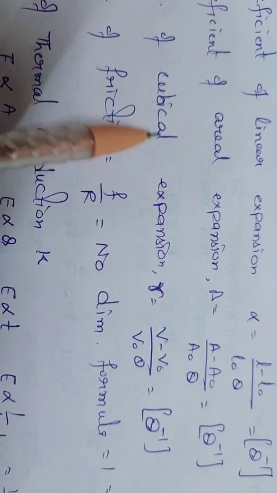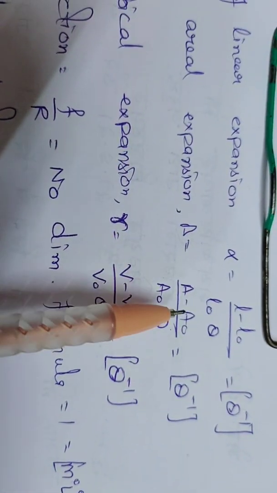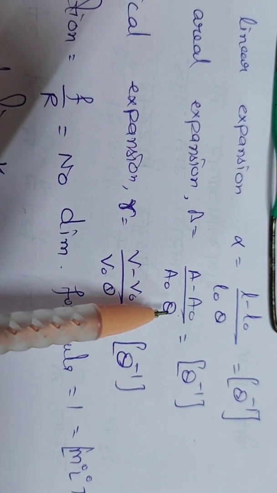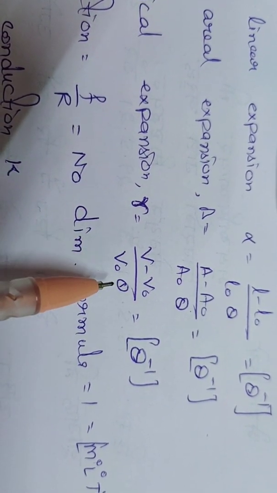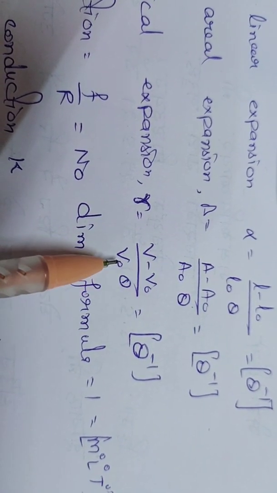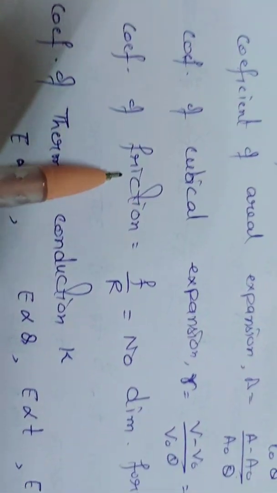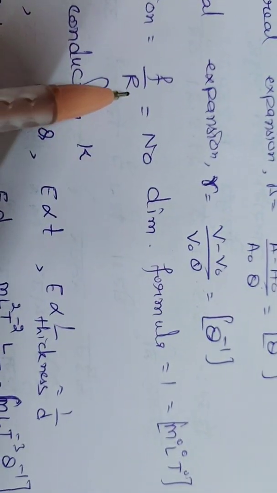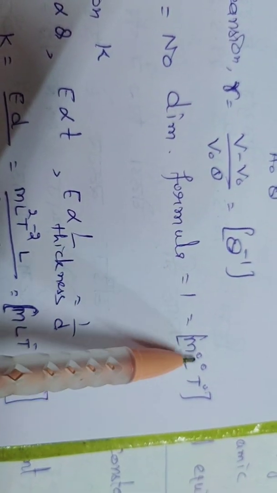If it is areal expansion or cubical expansion, the dimension formula is the same, because in areal expansion it is change in area per unit original area per unit temperature, and for cubical expansion it is change in volume per unit original volume per unit temperature. So area gets cancelled with the area, volume gets cancelled with the volume. So the same dimensional formula I am getting. Coefficient of friction, again I have defined, it is a ratio of forces. So no dimensional formula. You can write here 1, M naught L naught T naught.